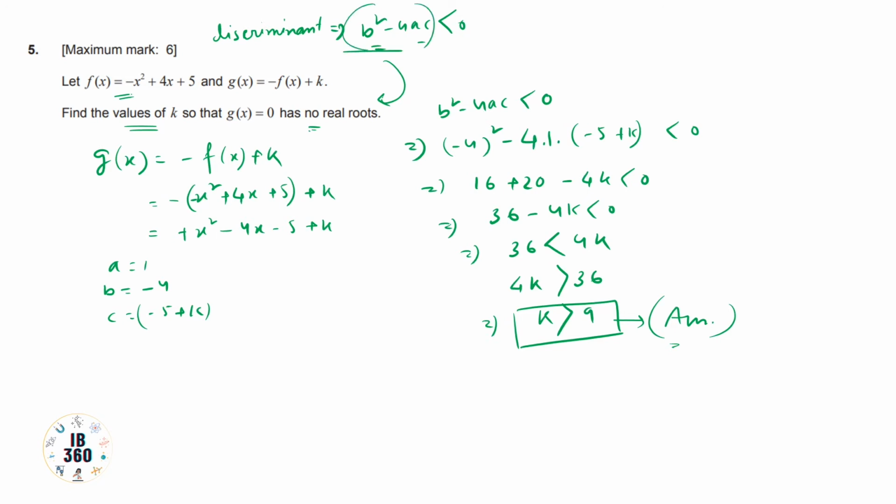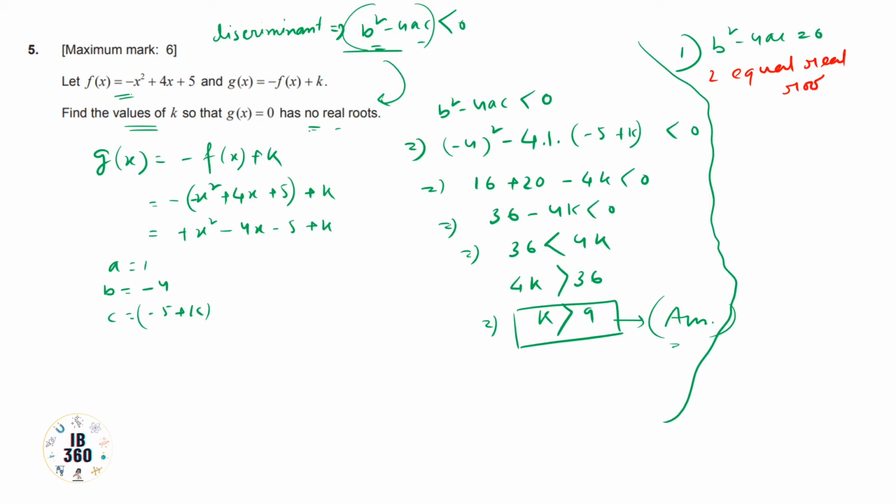It is very important. Another thing related to this question I will tell you. If b square minus 4ac equals 0, then we will get the first case. You can get all these questions also, that's why I am discussing this part. This is a very simple part. If b square minus 4ac equals 0, then we will get two equal real roots.